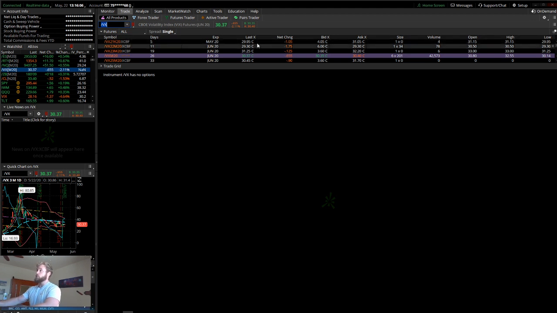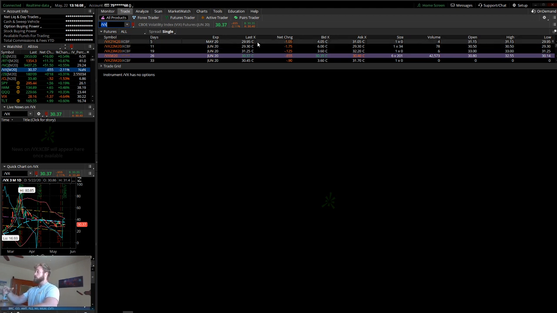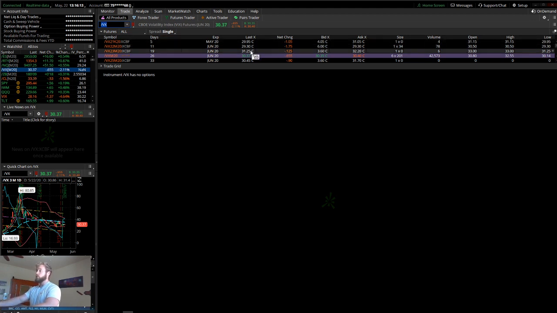However, if these are switched, which they typically will be because we are generally in a state of contango, which is where the further dated futures contracts will be priced more expensively, like these.